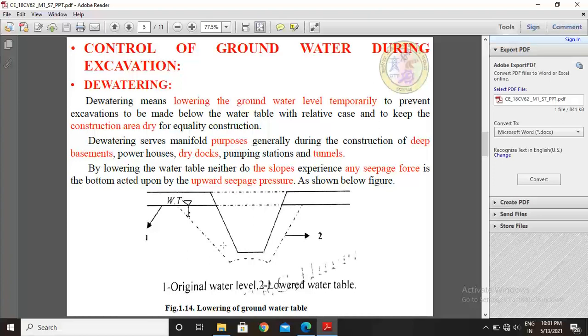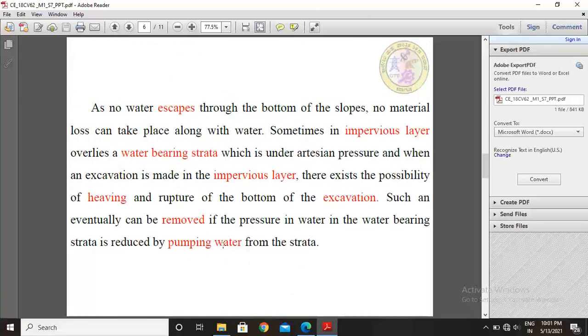Okay, let us see. As no water escapes through the bottom of the slopes, no material loss can take place along with water.